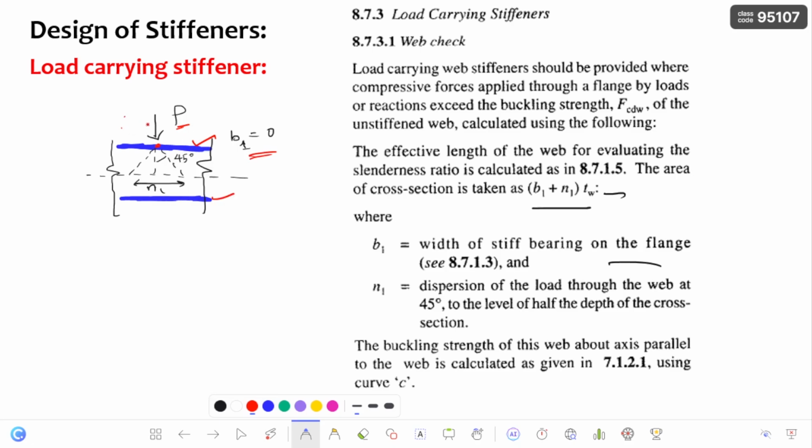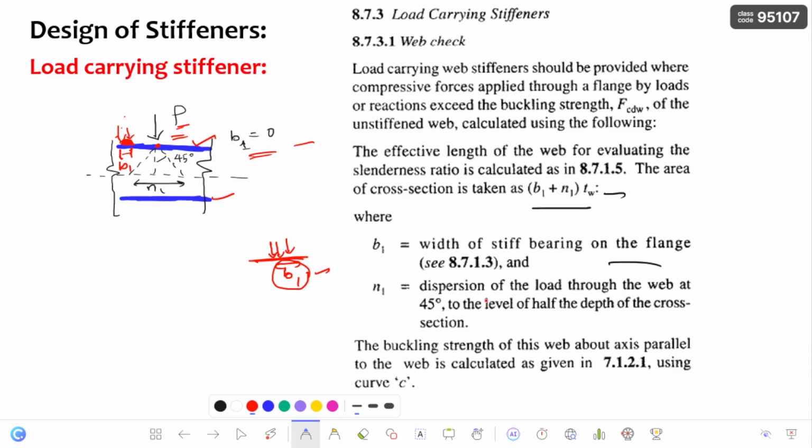For example, if the load is acting as a patch load over a certain length, for example this as B1. So for example this is a top flange, and if the load is acting on a certain width, considering it as B1, at that time you have to consider this width as B1. So here the load is acting as a concentrated load, so that's why I consider this B1 as 0.